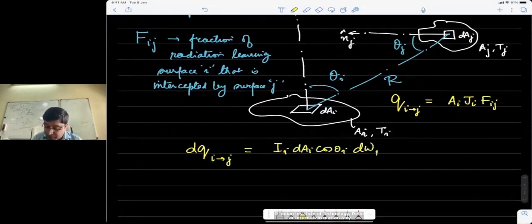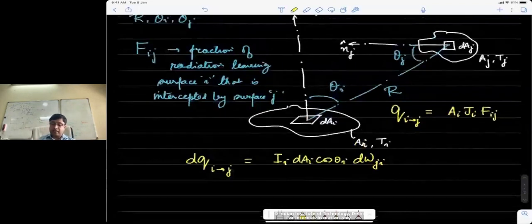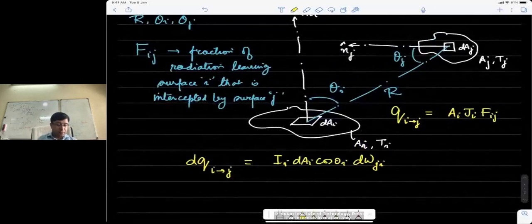Now d omega should be of surface J as seen from I. That is a solid angle, the solid angle subtended by surface dAj as seen from dAi.